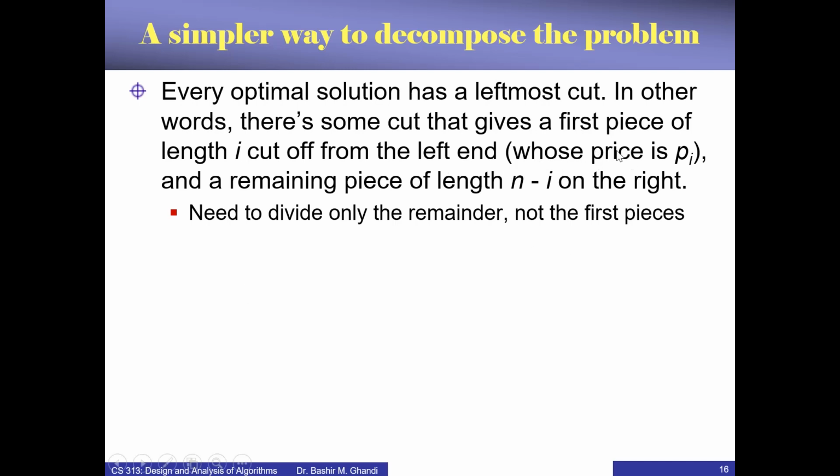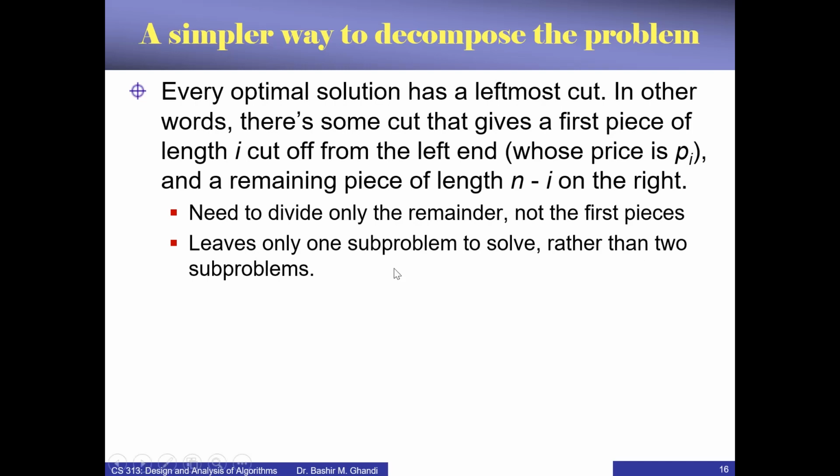We can obtain its price directly because it doesn't need to be cut anymore. It is the leftmost cut. So the price for that is already known. It's Pi. It is only the right hand side that we need to solve. So this leaves only one subproblem to solve rather than two subproblems, and therefore it is a better characterization than the first one.